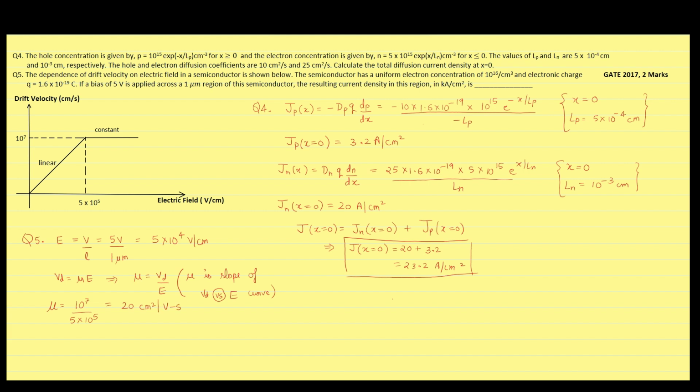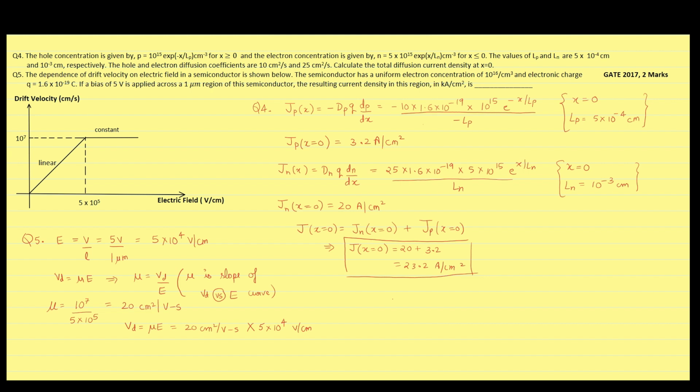Now we have to find the mobility inside the reference semiconductor, and we know that the drift velocity is equal to mobility into electric field. We just found mobility to be equal to 20 centimeter square per volt second, and electric field we just found to be equal to 5 into 10 raised to the power 4 volt per centimeter.